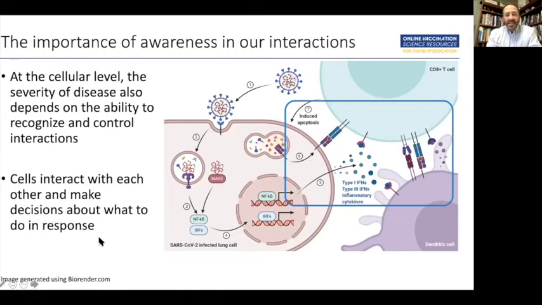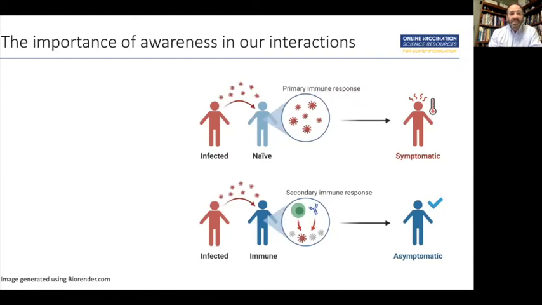So at the cellular level, just as at the individual level, cells interact with each other and make decisions about what to do in response. This is the basis for the functioning of our immune system. If we scale back out now from the cellular level all the way to the individual, we can talk about what happens when people interact depending on their degree of immunity to a disease.